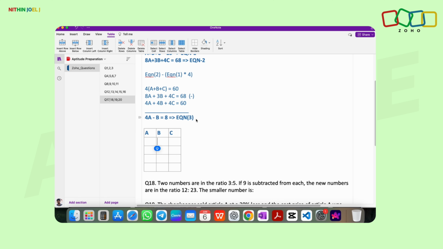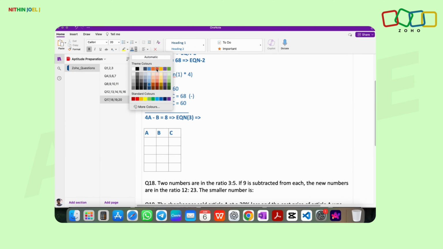Now let's consider this equation alone. Let's assume we are taking B is equal to 0. Now if B is 0, then A should be 2, since 4 into 2 will be equal to 8.